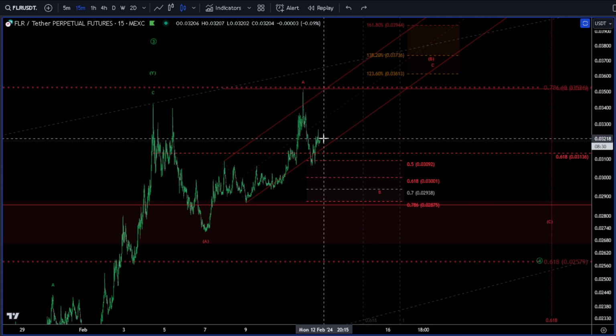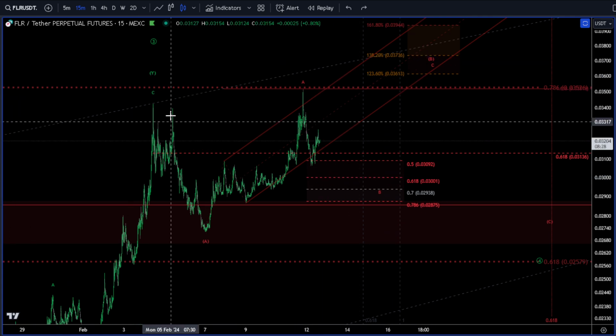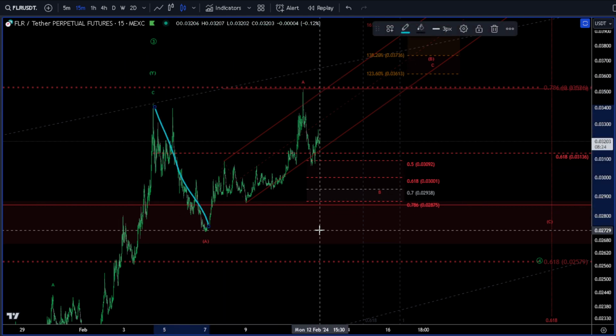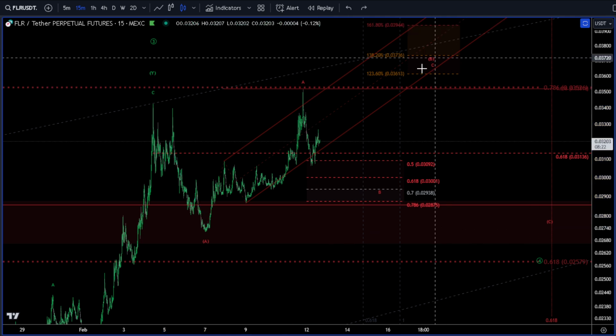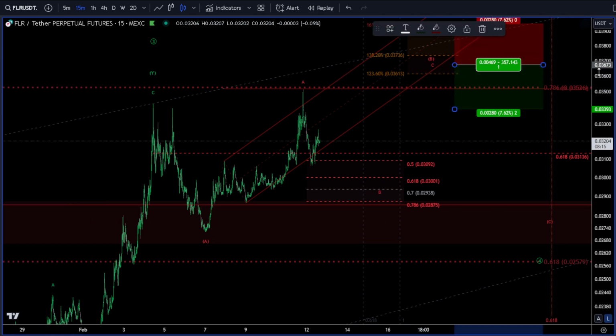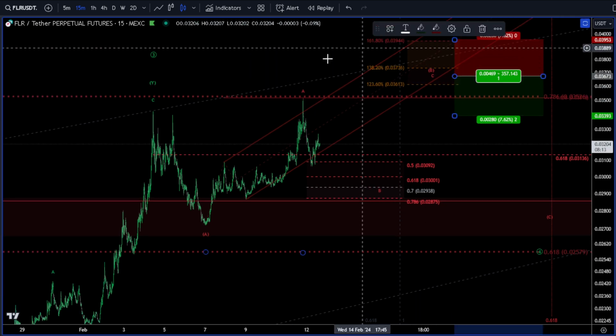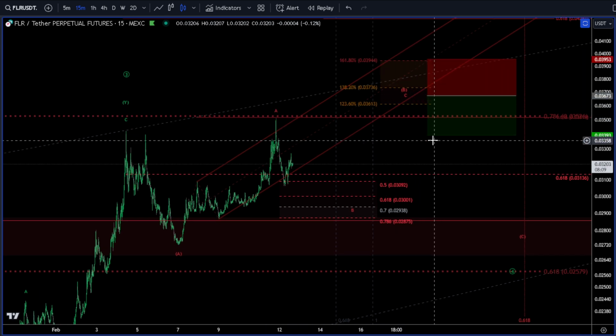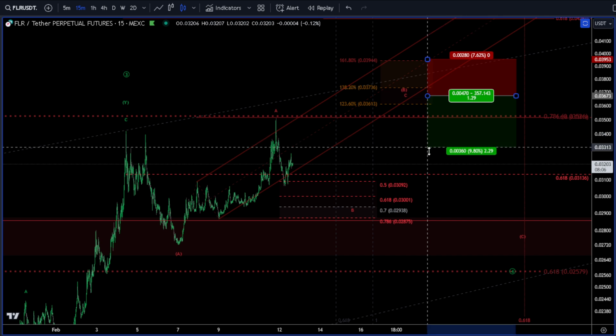But if we make this move to the upside and we come between my 1.236 and 1.382 extension of this A wave to the upside, I'll probably enter a short as a scalp within this area, and my invalidation will be past the 1.618, because then it's likely no longer a B wave and it's something else.